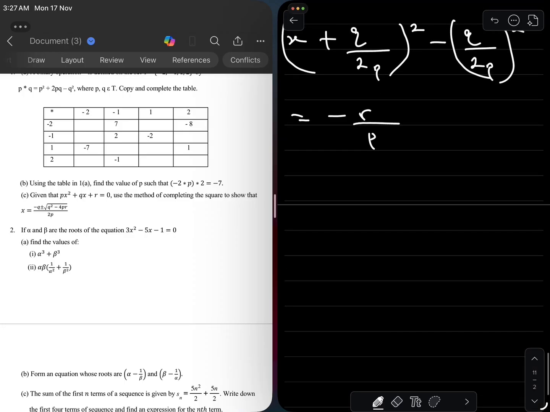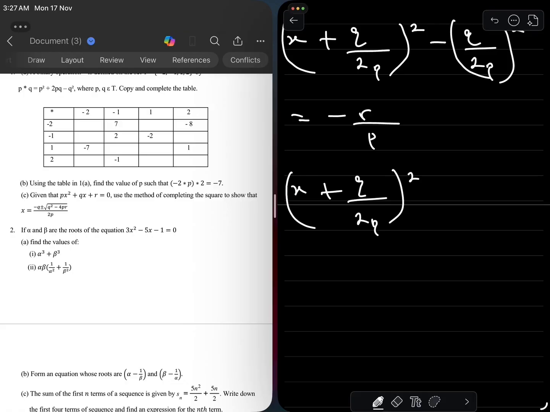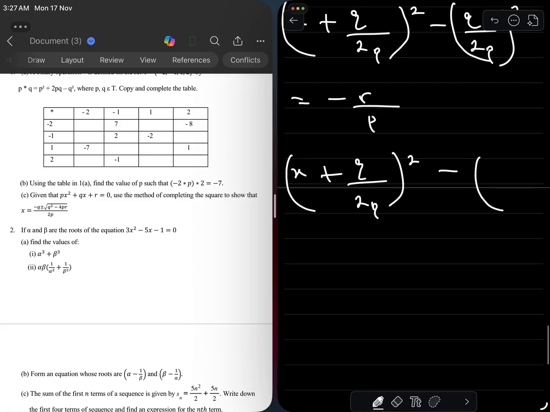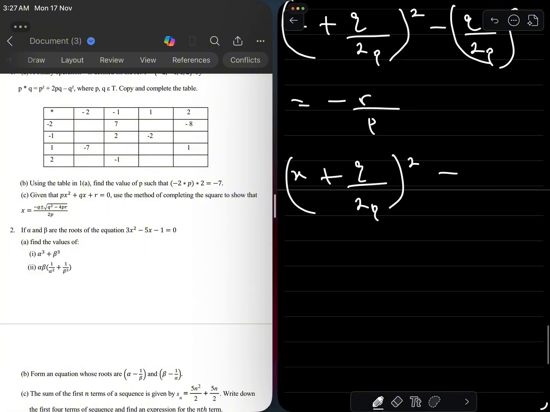That simply means x plus q over 2p all squared minus q squared over 4p squared, because the square of q over 2p is q squared over 4p squared.